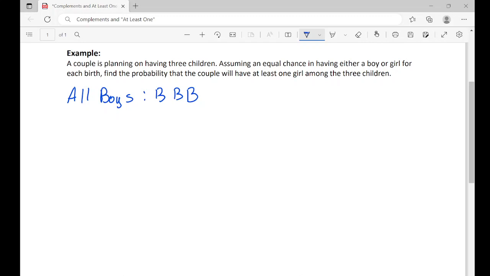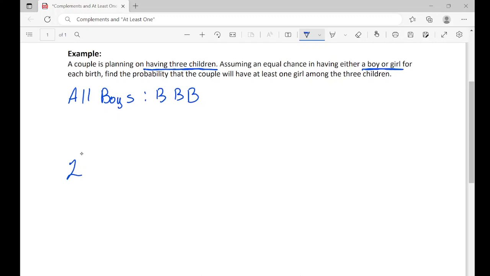Well, we know we're going to have either a boy or a girl. There's only 2 outcomes for each birth. So 2. And they're going to have 3 children. That's what they're planning on having. So we can say it's 2 to the 3rd, which will give us 8. So here there are 8 total outcomes.